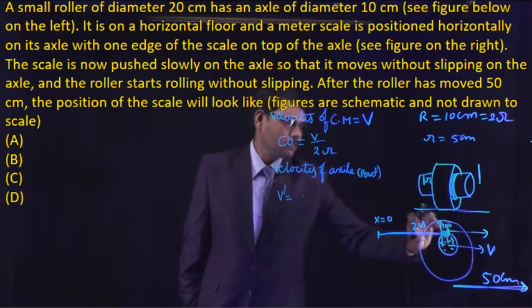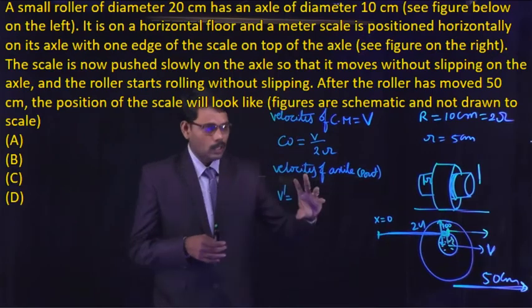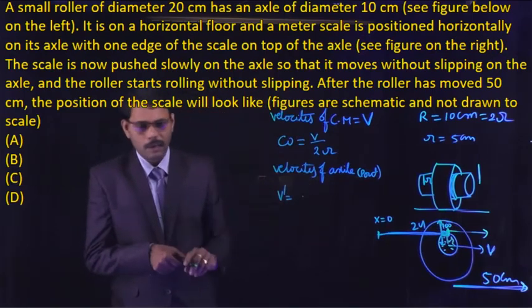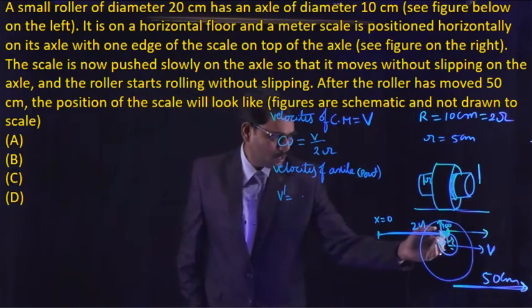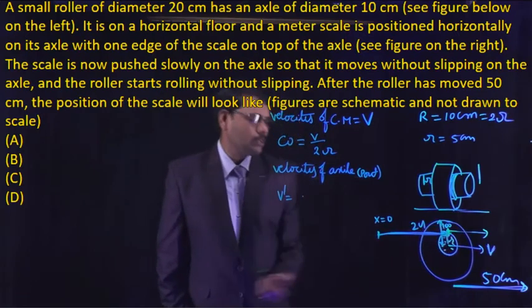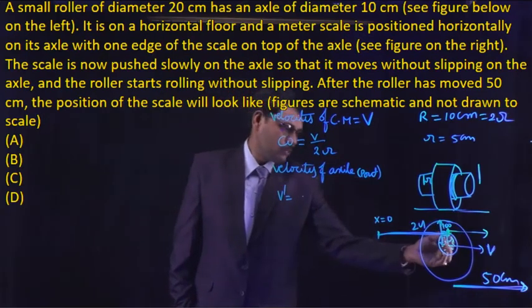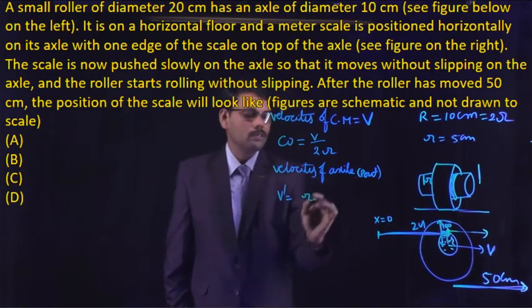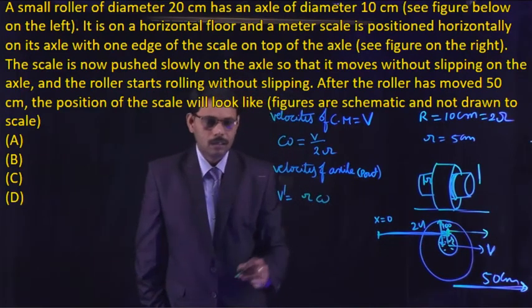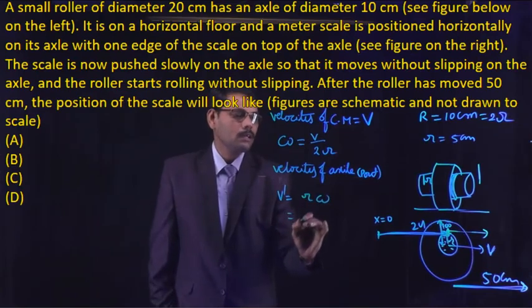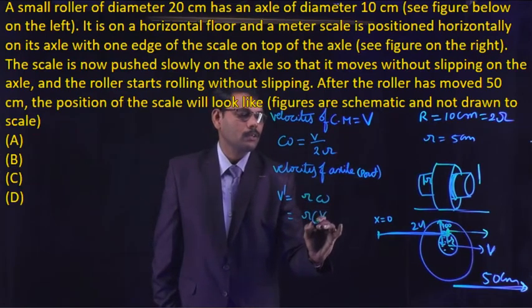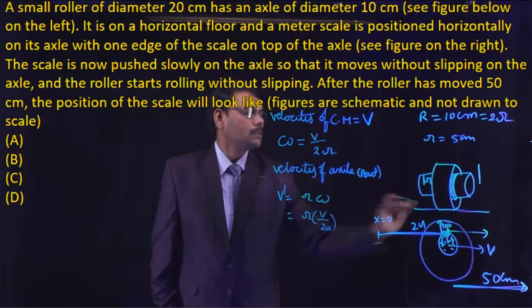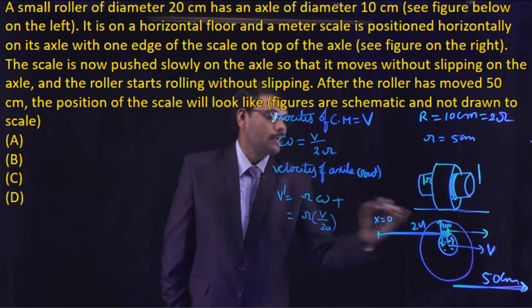Both are rotating with the same angular velocity. This roller and axle must rotate with the same angular velocity. Therefore, the velocity at the edge of the axle is v dash equal to r, the radius of the axle, into angular velocity omega. So v dash is equal to r omega, r into omega is v by 2r. This is the rotatory motion, but in translatory motion there is v.